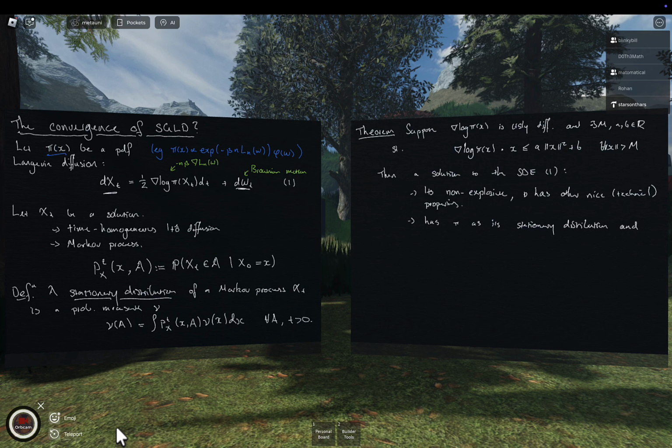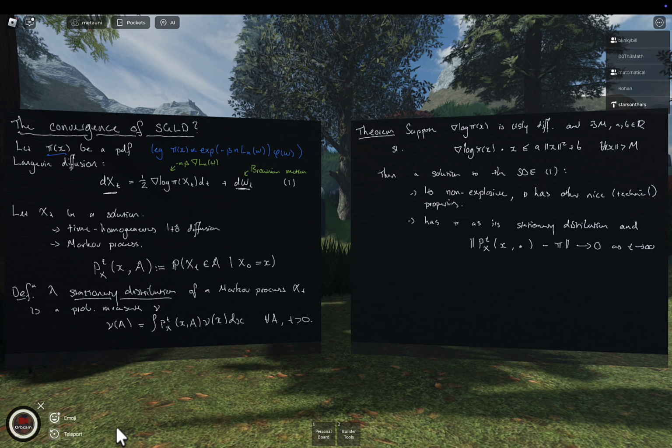And importantly, that this family of distributions actually converges to pi as t goes to infinity.